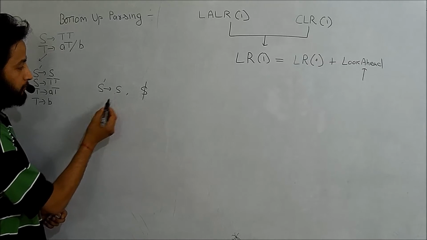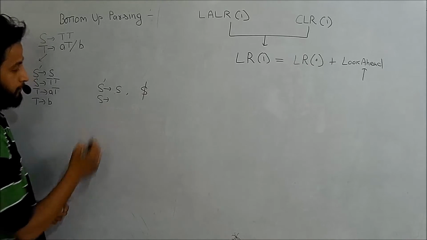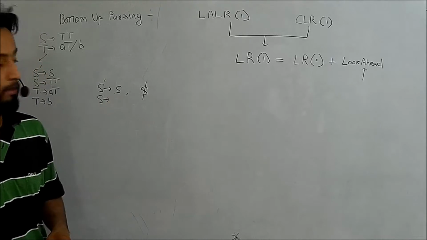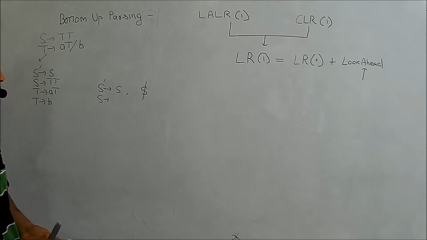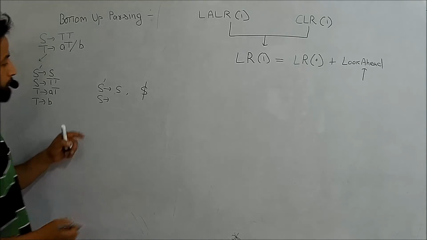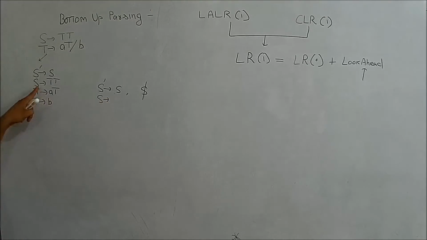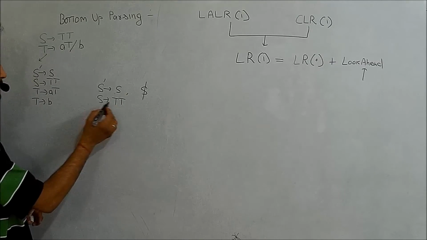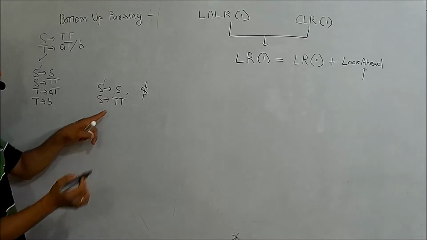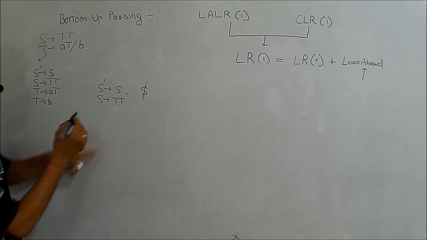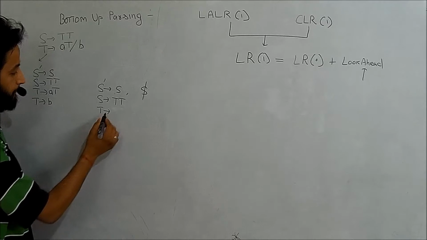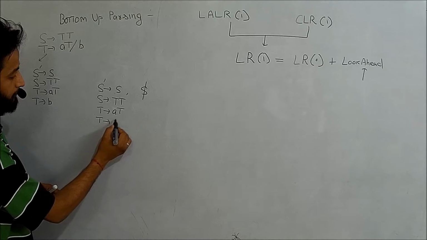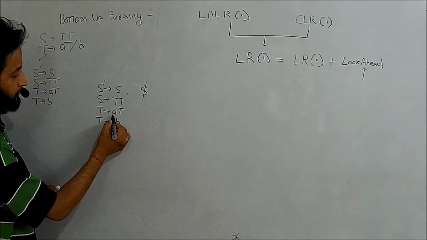Next I will write the closure of S, because we have seen in the previous lecture that if the dot is to the left of a variable, then we write the closure of that. So the closure of S will be S derives dot TT, and again I have to add the closure of T: T derives dot AT and T derives dot B.